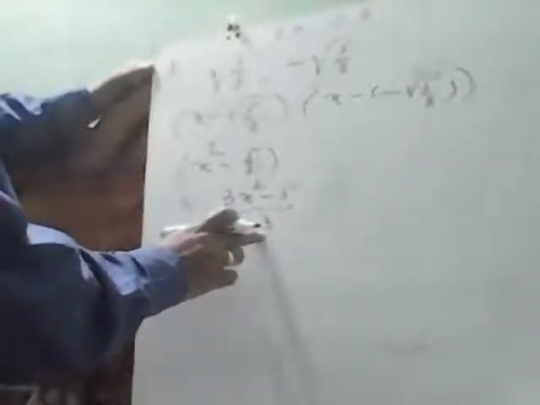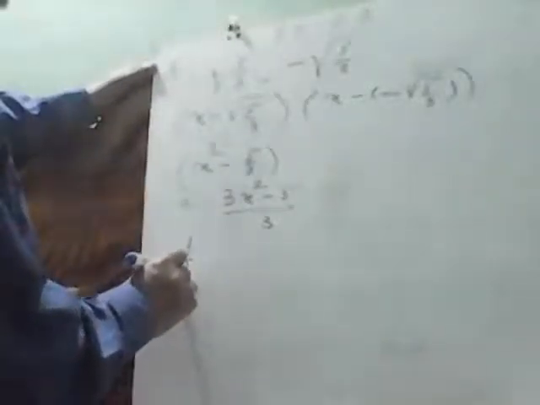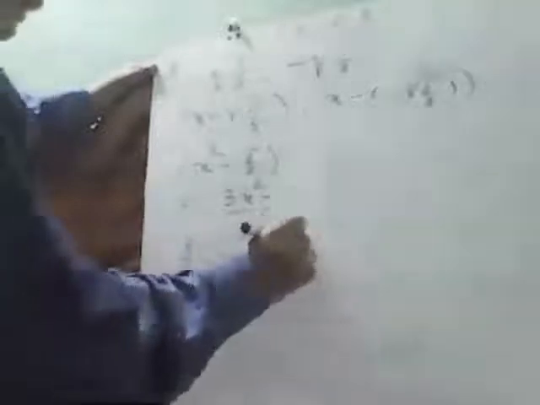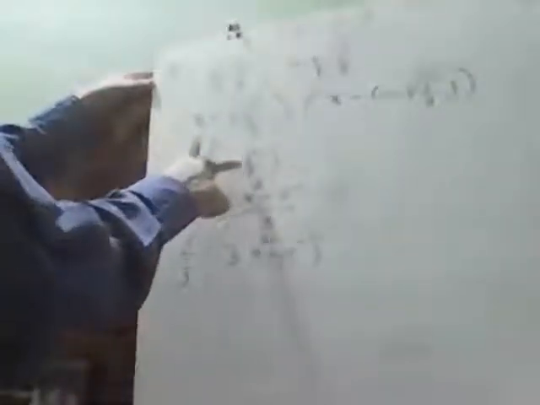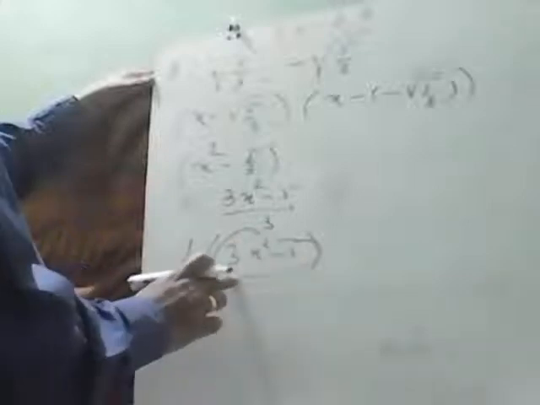As 3 is a constant, you can write this as 1 by 3 into 3x square minus 5. Now divide the polynomial by x square minus 5 by 3, or only by 3x square minus 5.